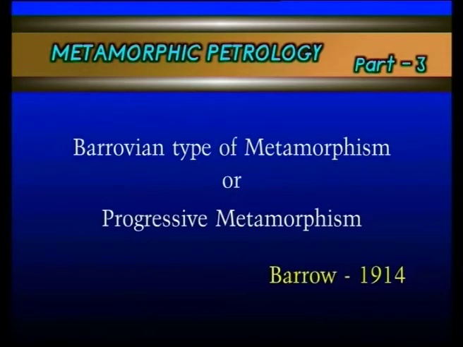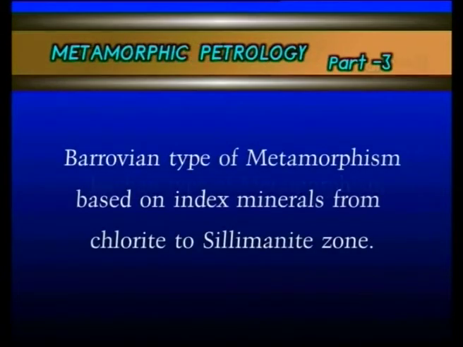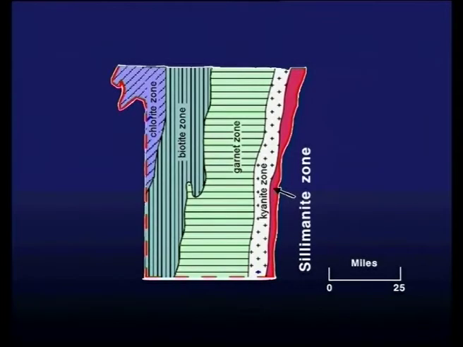Now let us conclude today's discussion about the Barrovian type of metamorphism along with the Buchan type of metamorphism. The Barrovian type of metamorphism is based on index minerals, particularly right from chlorite zone up to sillimanite zone, which increase the grain size as well as grade of metamorphism.